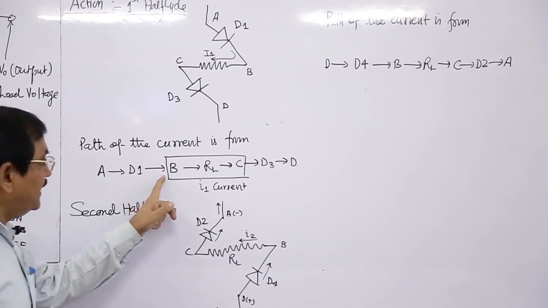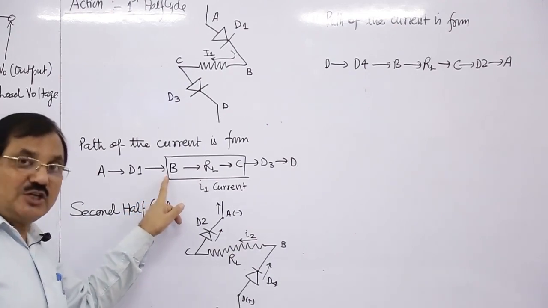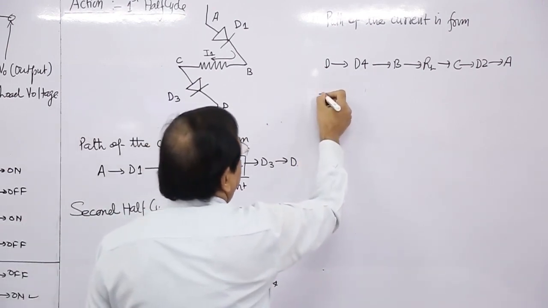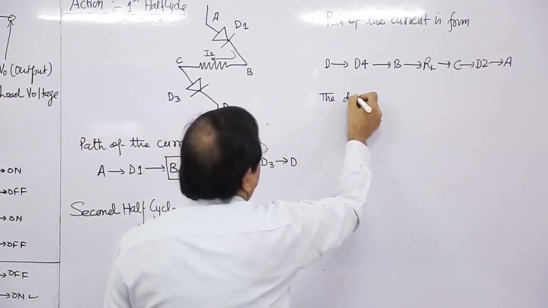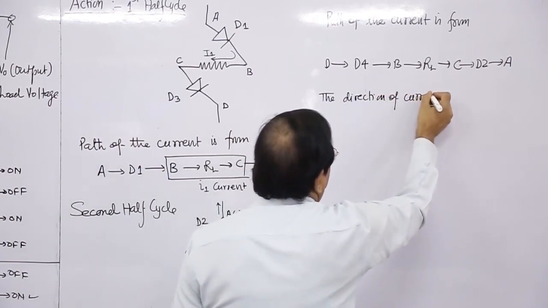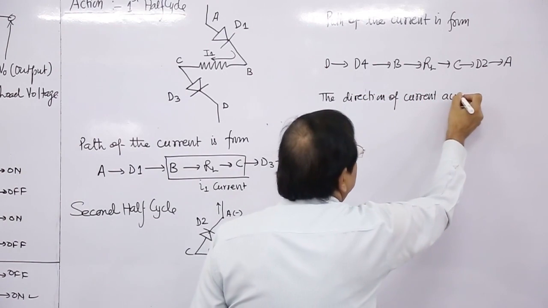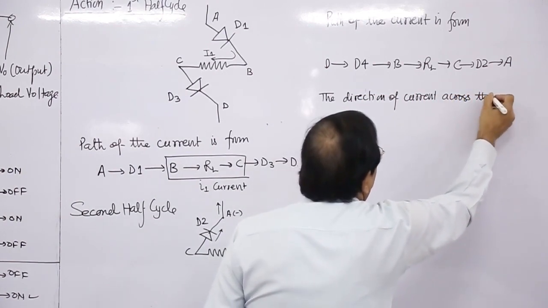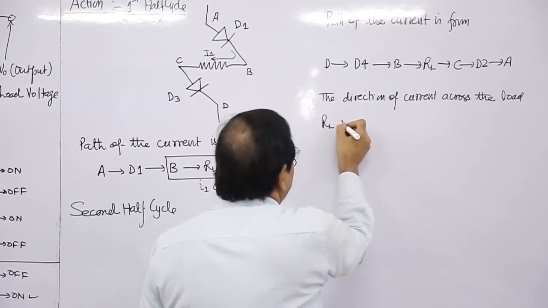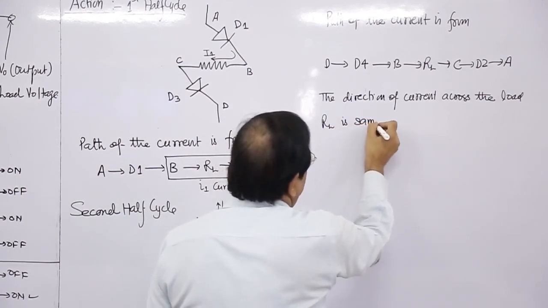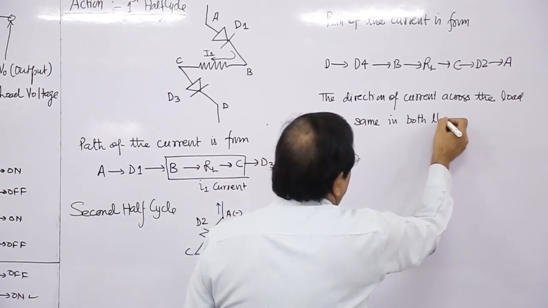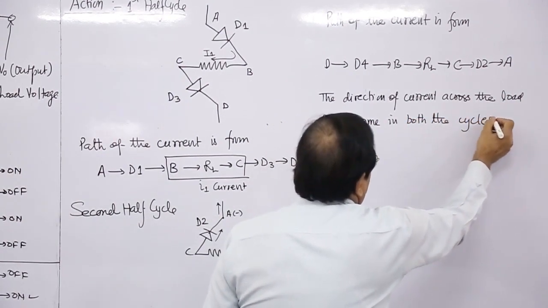So the direction of current across the load RL is the same in both the cycles.